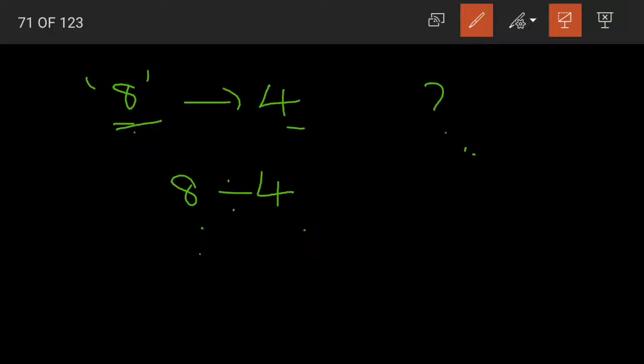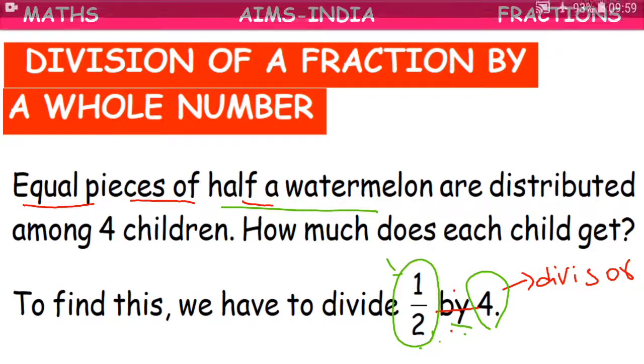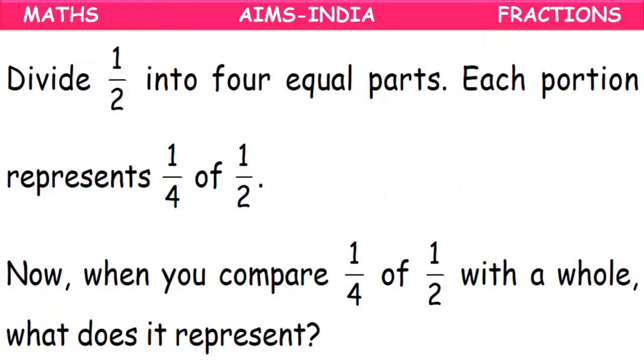In the same way, here we have half of a watermelon divided among 4 children, so the quantity each child gets would be 1 by 2 divided by 4. If you are confused what to do, simply change the fraction part with a whole number and try to understand the question.